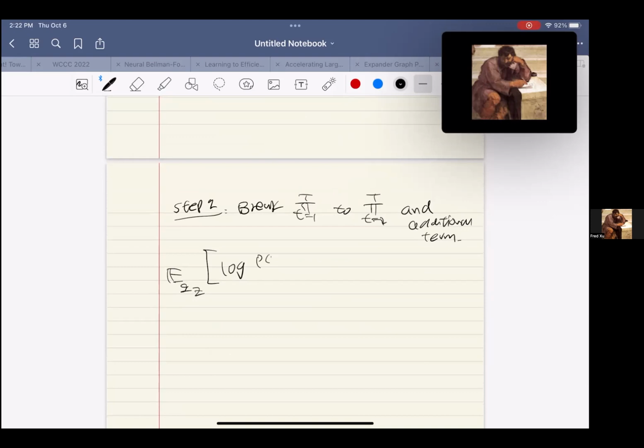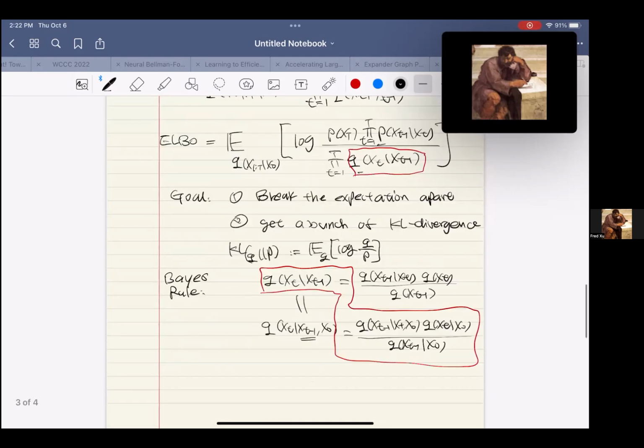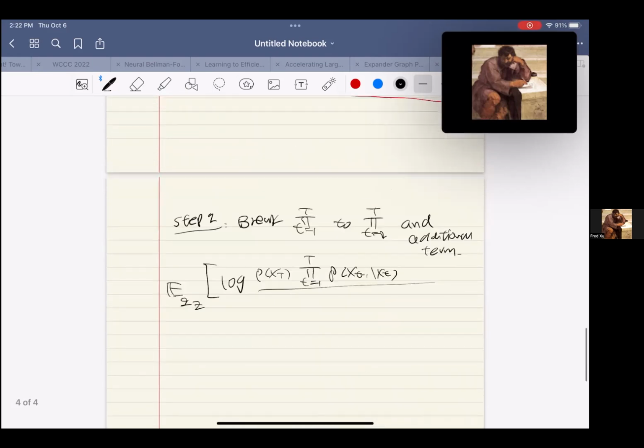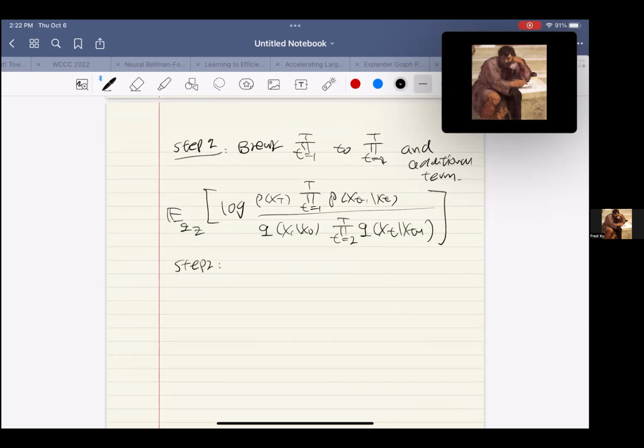We're just going to worry about the bottom for now. So p of x_{t-1} given x_t, and at the bottom, we break it apart into two parts. The first part is when t equals 1, which is q of x1 given x0, times the product of this. The second step is to use the Bayes rule to break it apart.